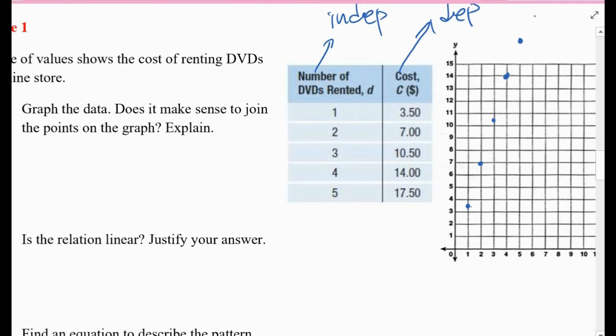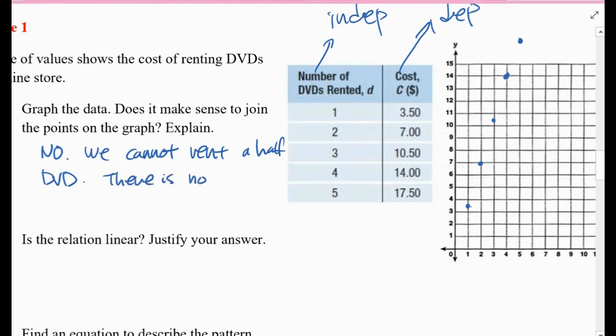Okay? So, graph the data. Does it make sense to join the points? No. We cannot rent a half DVD. There is no point in between 2 points.